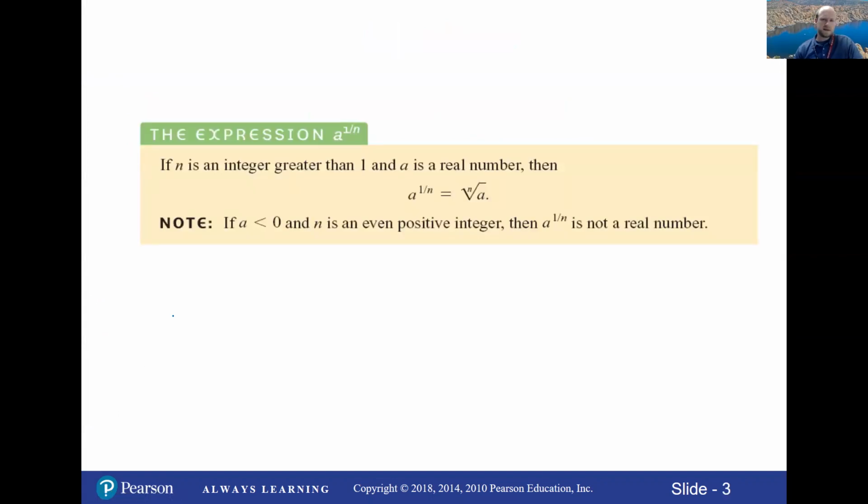So the first of basically three main rules of exponents. I'm going to call this rule one of exponents.